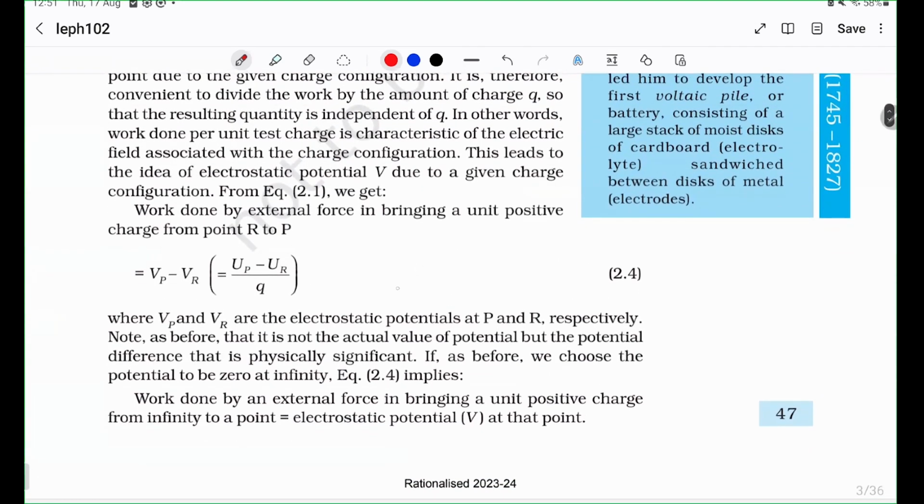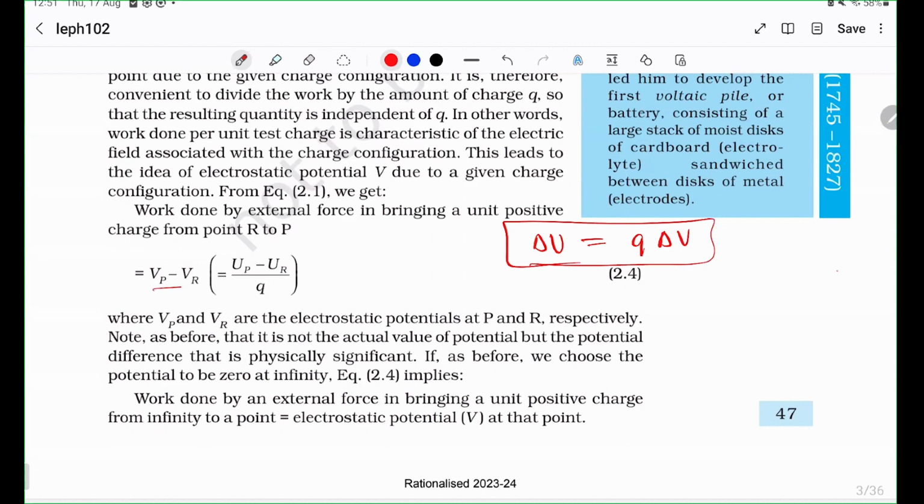So here we are. Just like we've discussed, the change in potential energy is caused by the change in the potential. That's what we just saw, right? I just said that U is equal to Q times V, that is, the potential energy is equal to the charge times the potential. But I have just discussed that everything is with respect to a reference. So this is a more accurate statement to make.